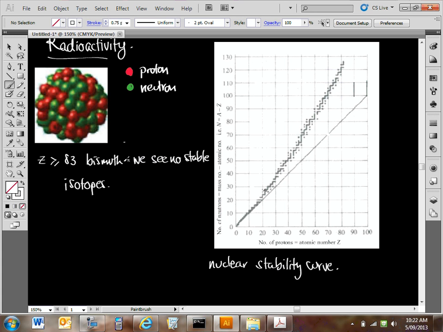That means that any atomic number 83 or greater, the nucleus is going to eject a part of itself in order to move it closer to the stability curve. It says that all nuclei with Z greater than or equal to 83 will be radioactive.